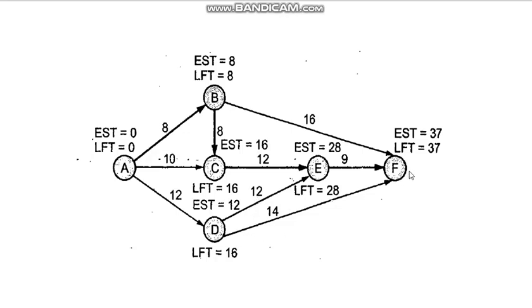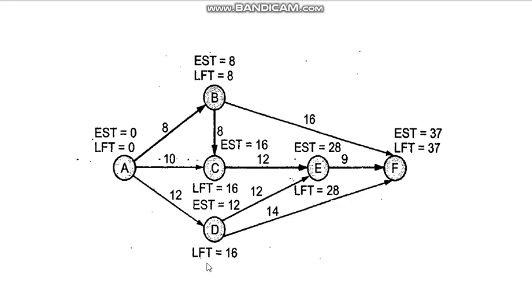And through this route, 37 is the LFT and the duration is 14, so 37 minus 14 gives you 23. One way you get 16, another way you get 23. Now which value to take?